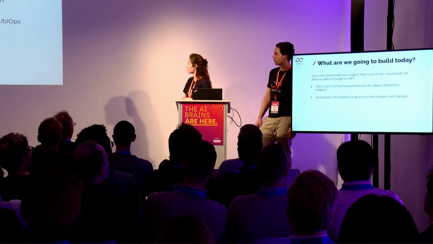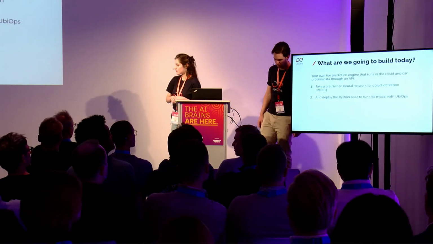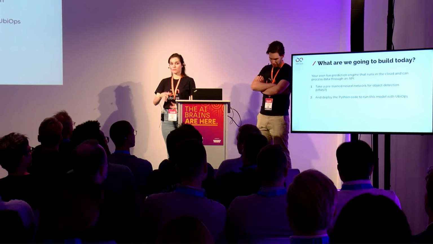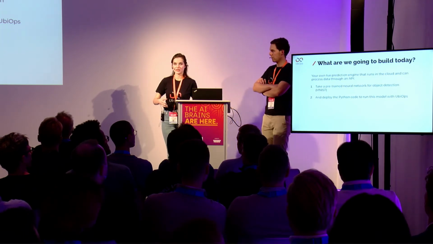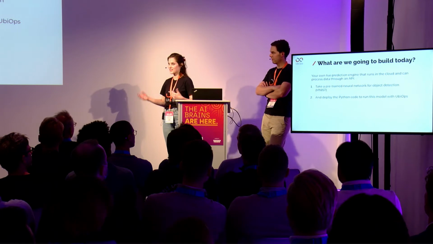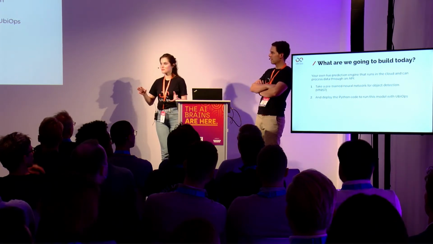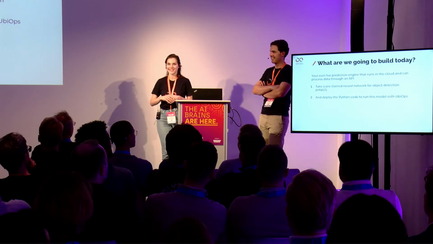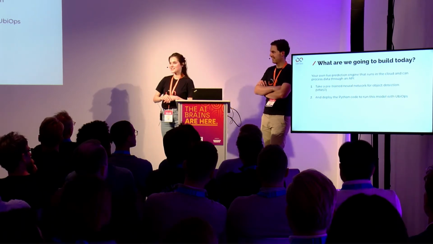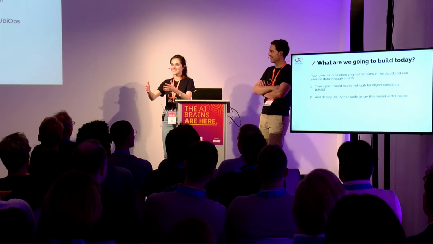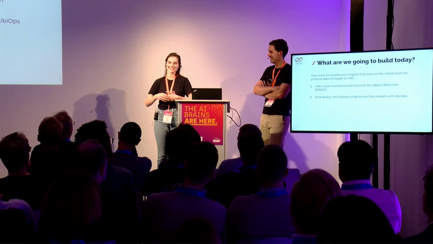So what are we going to build? We have pre-trained a computer vision model already because we didn't want to focus too much on that, and training can take a bit long. We use the MNIST dataset, which probably some of you are familiar with. I see some nodding heads. I think it's the point of entry for any data scientist to work with the MNIST dataset at least once.